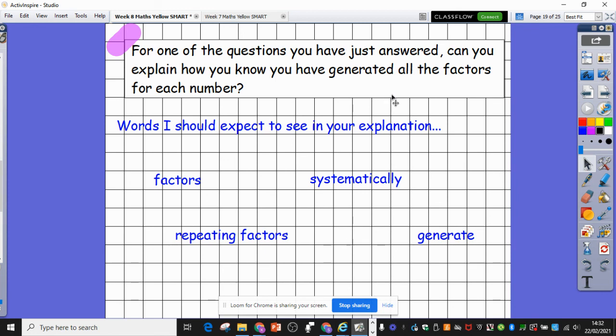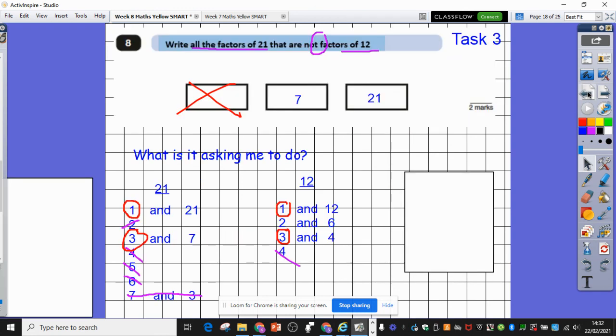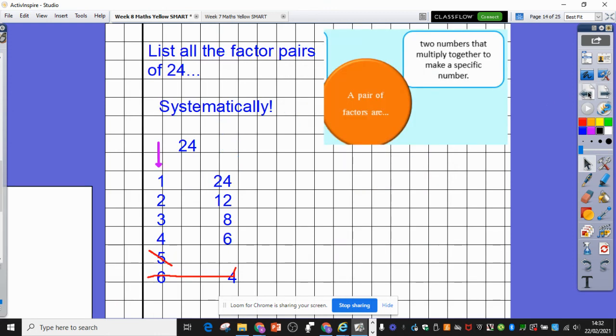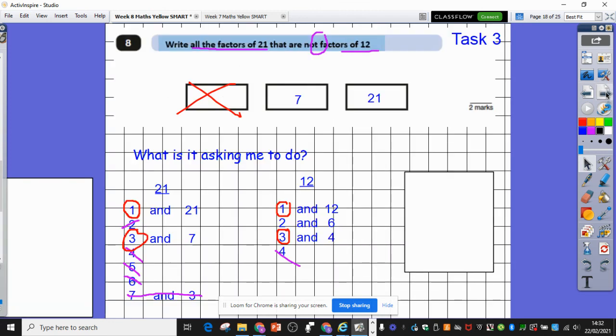I should be looking for things like factors language, working systematically, generating numbers or multiples, 2 numbers that multiply together, and repeating factors. When they start repeating, you know you've got them all. So if you get stuck when you're doing that one, I'd go back to how I modelled doing this, and this should help you explain that think pink.